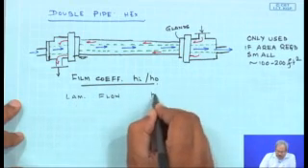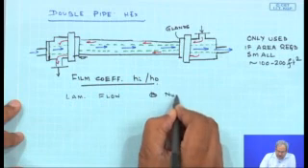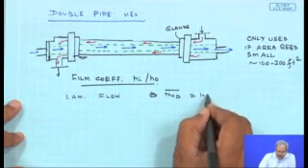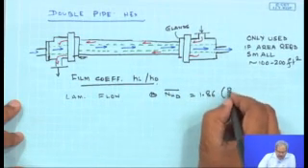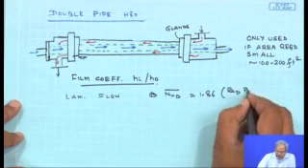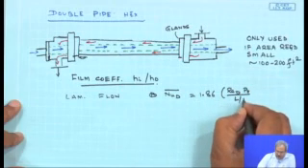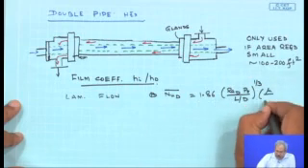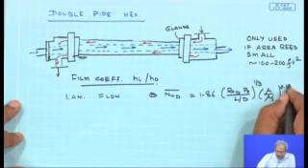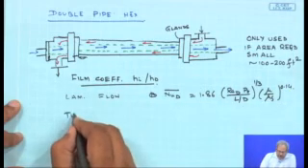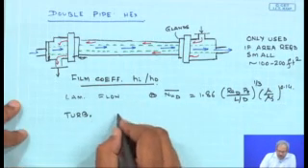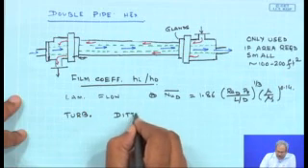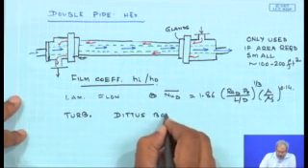Then the Sieder-Tate correlation, that is Nusselt number based on diameter is 1.86, Reynolds based on diameter times Prandtl to the power L by D. We now know what these equations look like, mu by mu s to the power 0.14, and if it is turbulent, it is going to be the Dittus-Boelter equation.